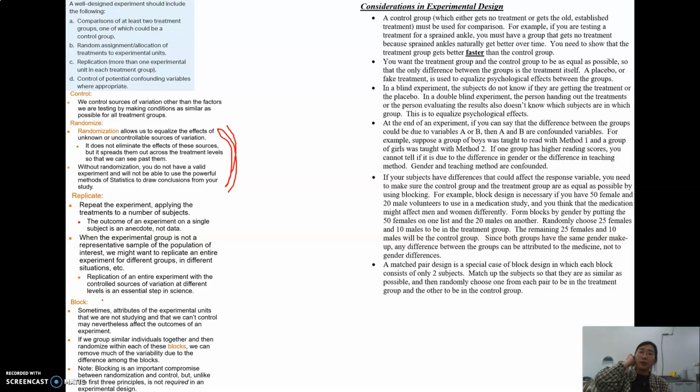When you have a reasonable doubt that a certain factor will affect the outcome, for example the gender of the subjects or activity level of the subjects, or just different things that affect your subjects in the experiment, then you want to do blocking so that you can remove as much variability as possible from your experiment.